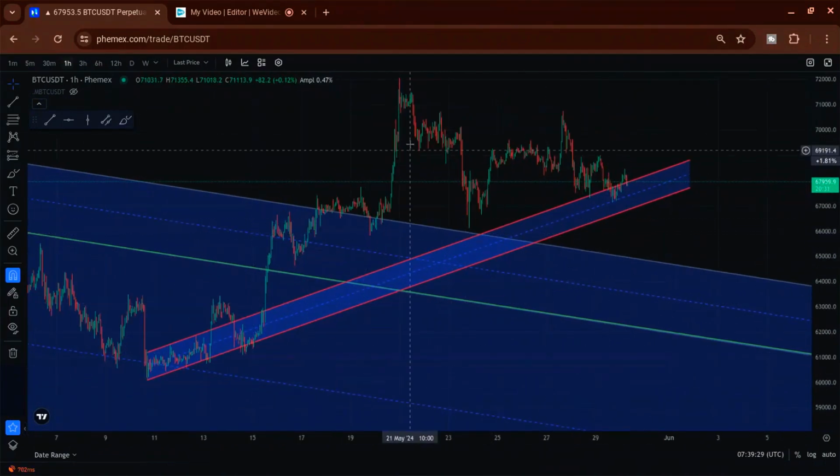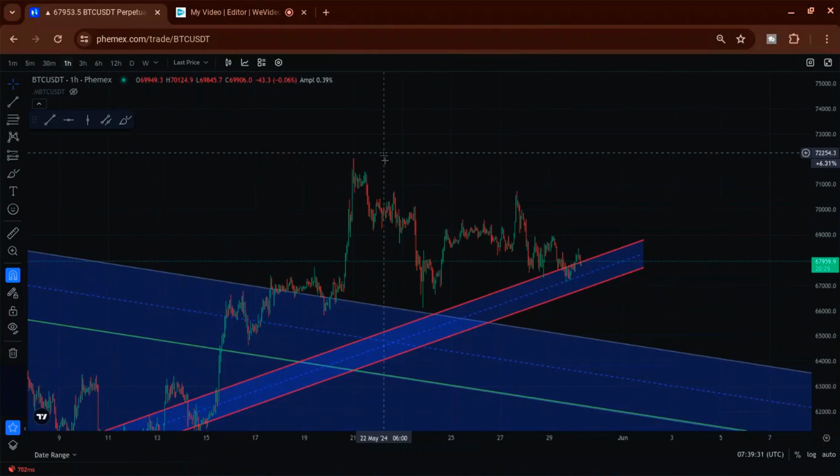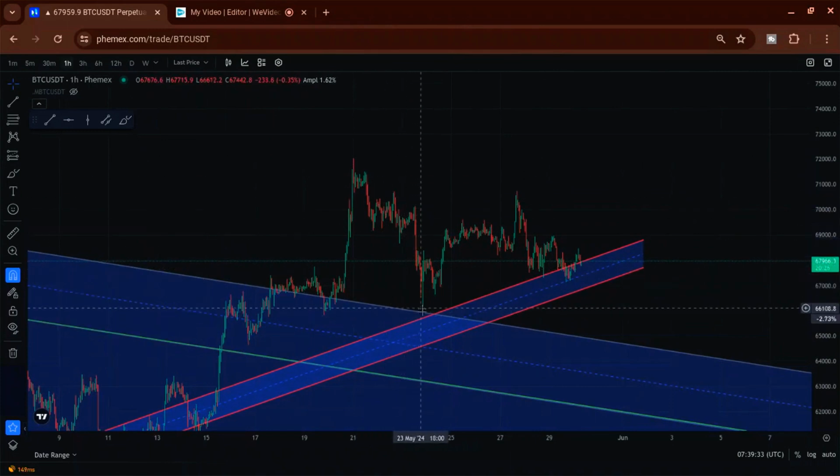You can see it coming, busting out. There's the big breakout up to 72,000. It came back down. And an interesting thing: in my last video, I was patting myself on the back on the daily chart, because this wick appeared to have bounced directly off the top of the bull trap extension line.